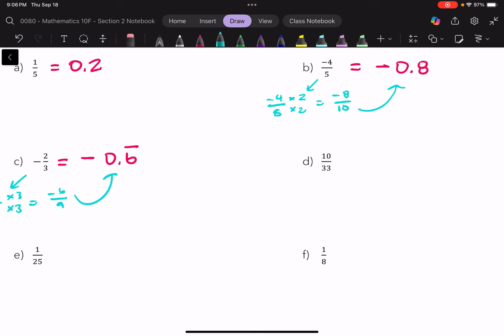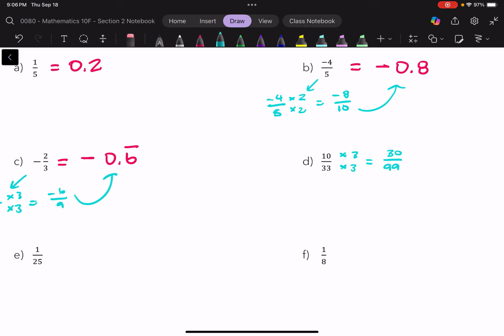The next one I might be like, whoa, I don't know anything about 33s in the denominator, but good thing I can make equivalent fractions. No need to brag. But that gives me 30/99. Hopefully you look at 33 and go, I can't turn that into a power of 10. So you rule that out.